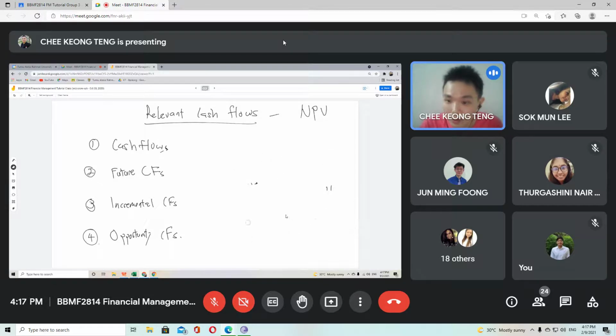The third one will be incremental. Okay, we only consider incremental cash flows. Incremental cash flows means we only consider those cash flows that are going to happen because you do this project. Because you do this project, something happens, either a cash inflow or cash outflow.